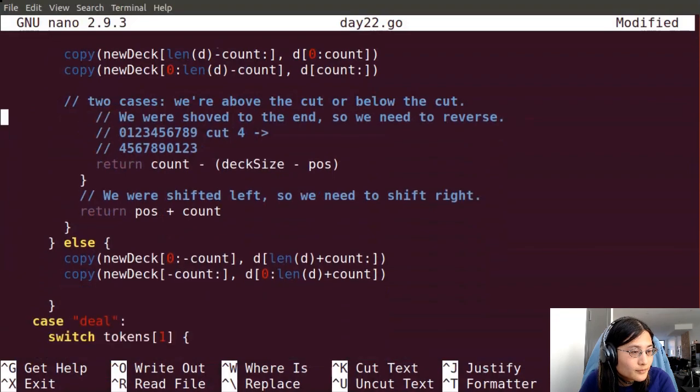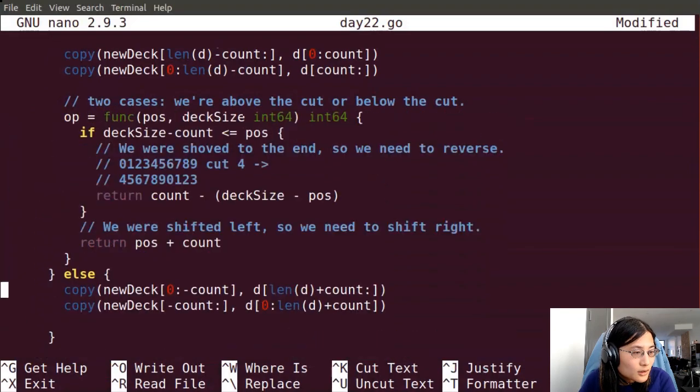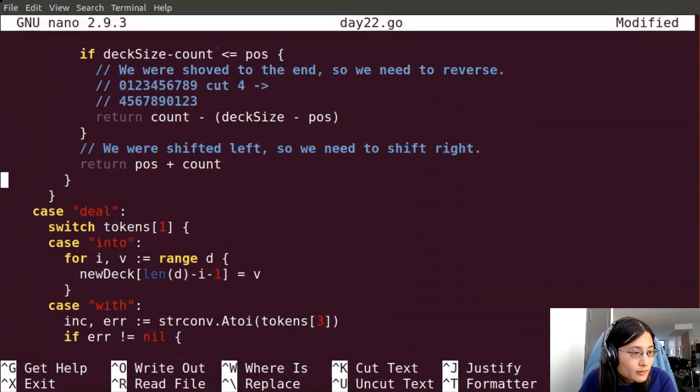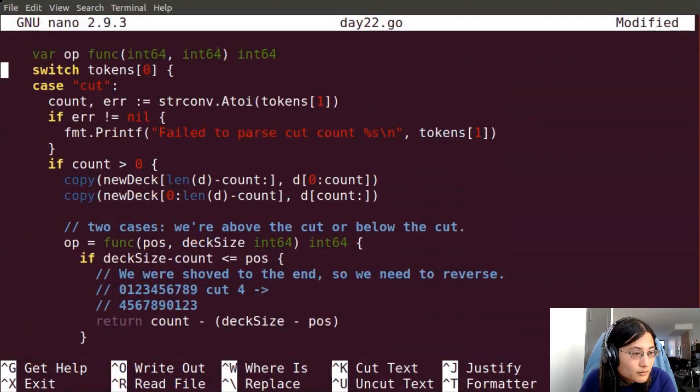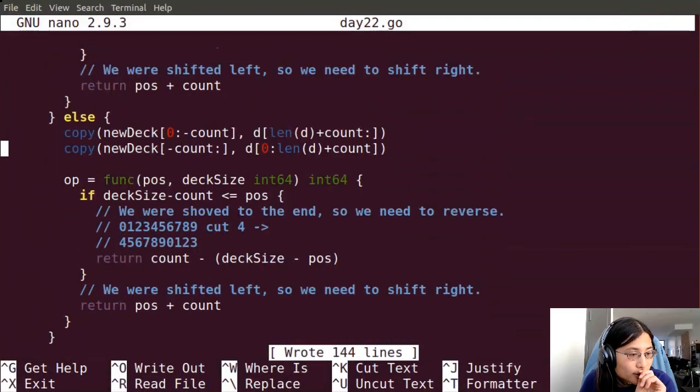Okay. So now we have this instead here. So in this case, if I cut -4, what happens? Then I get 6, 7, 8, 9, 0, 1, 2, 3, 4, 5.